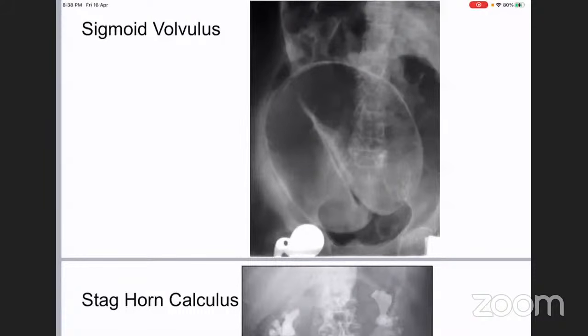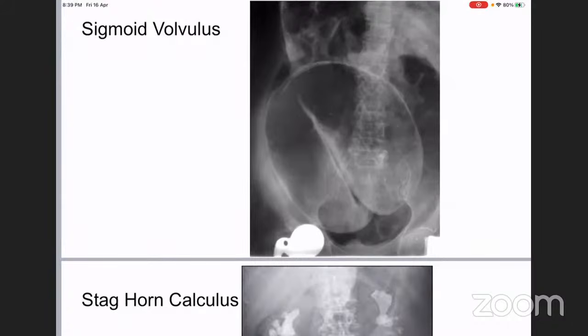You can either do a resection with a primary anastomosis and bring out a proximal covering stoma, or you can bring out both ends of the bowel as a double barrel stoma, or you can simply do a primary anastomosis. In previous times, if the bowel was viable, you simply derotated it and fixed it to the abdominal wall or the pelvis.